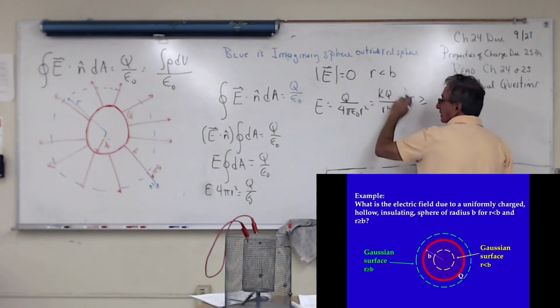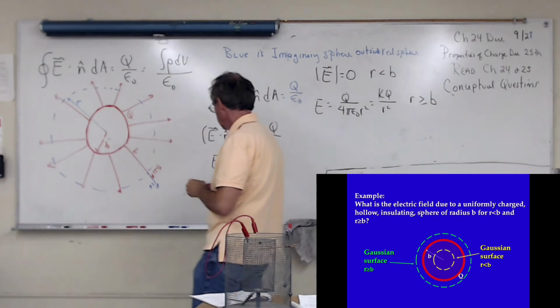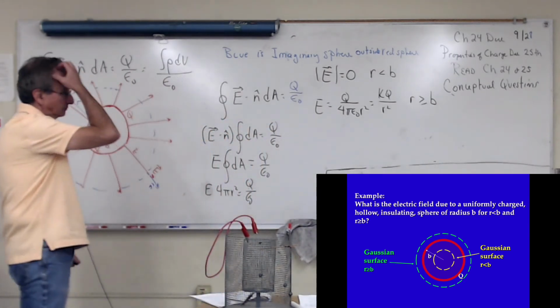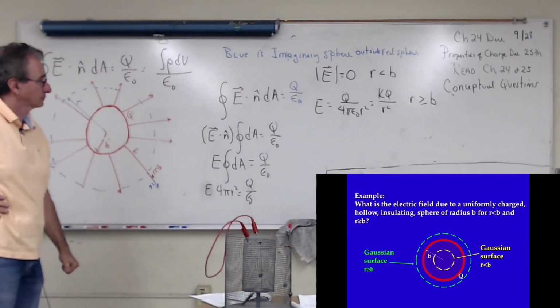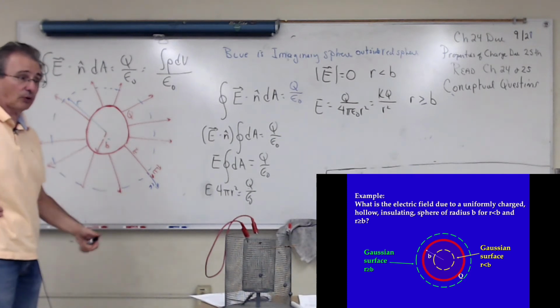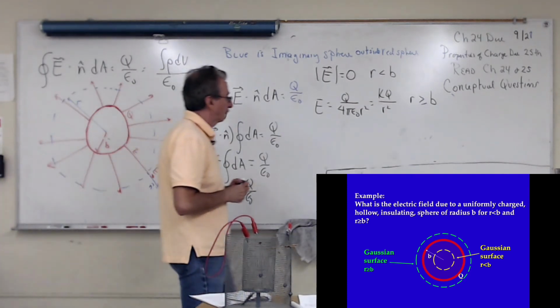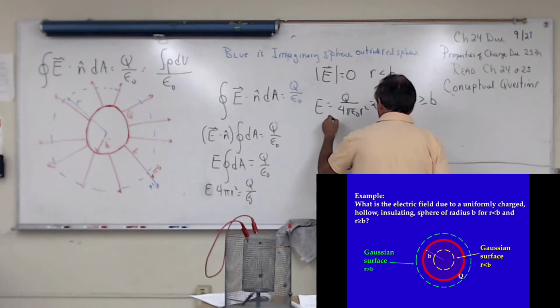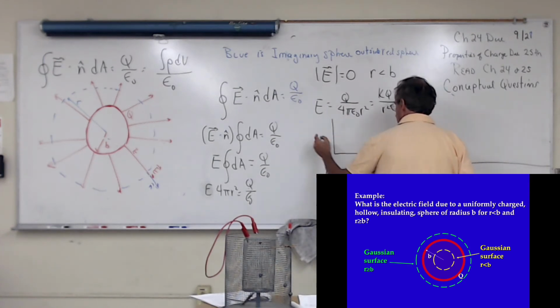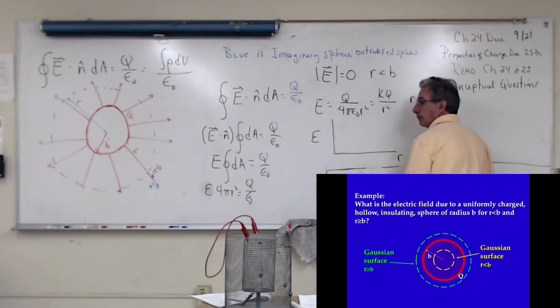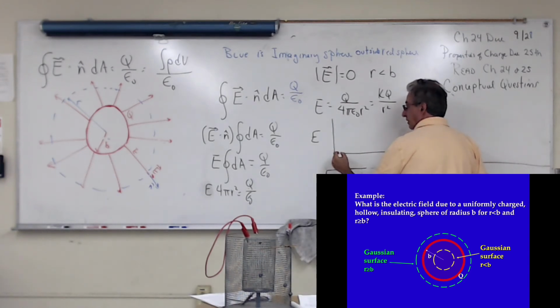Should be less than B, not less than or equal to, sorry. It's a field due to a point charge. If I were to graph the electric field as a function of how far away you are from the center of the sphere, inside it's 0.